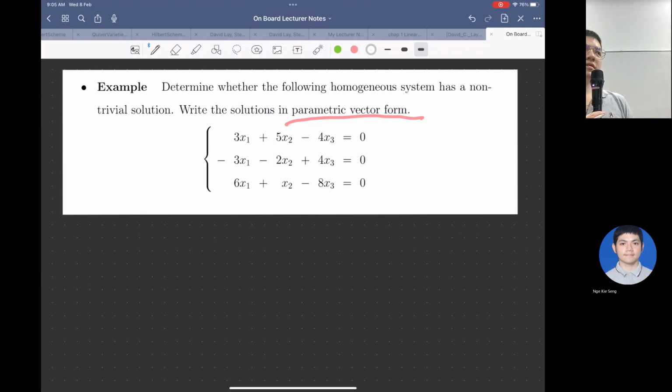Any free variables? Free variables? Not yet.